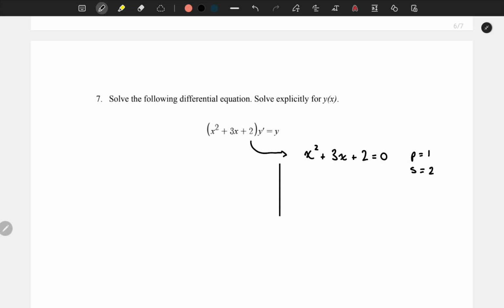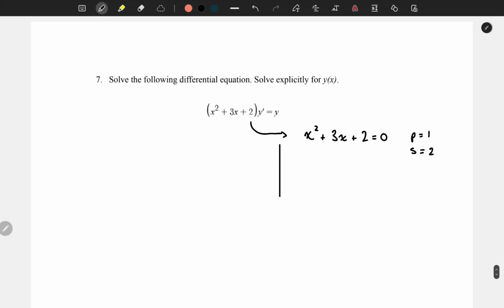Oh, I made a mistake. The product is actually 2 and the sum is 3. Okay, so it is 2 and 1. So if we factor this, we get x plus 2 times x plus 1, and that is factored.